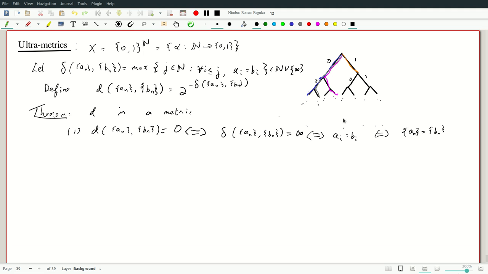Okay, so here we are. So this first condition is clear, but we had to define things carefully for that. But the second one is, as usual, obvious. Symmetry is obvious.